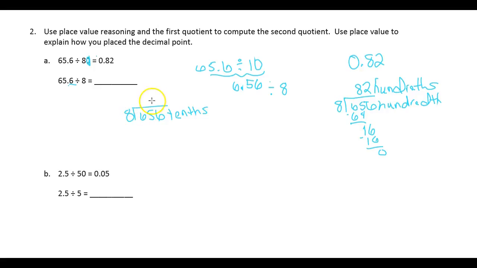And it's still 8 times 8 is 64. 1 difference between the two. We bring down our 6, and 8 times 2 is still 16. So we make our 16. Find the difference. There is none. And this is going to go up here, the noun, tenths.